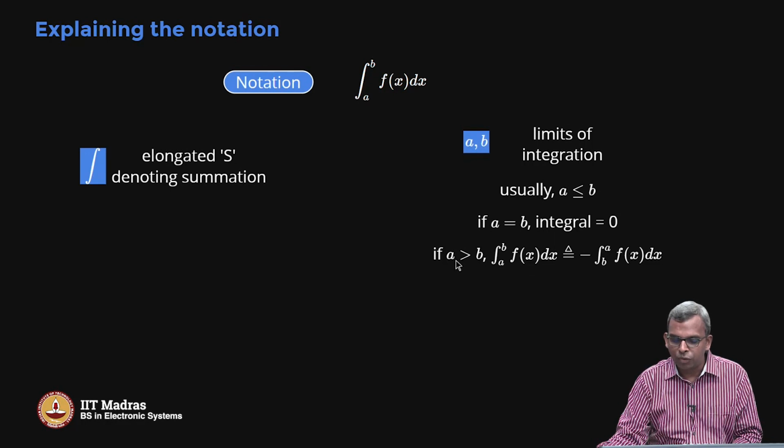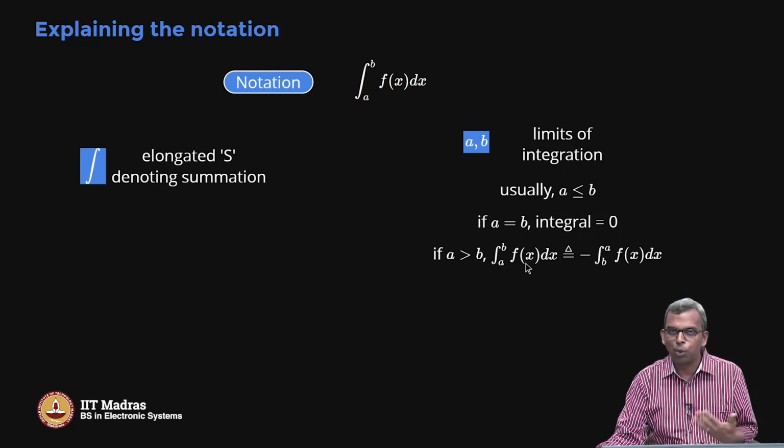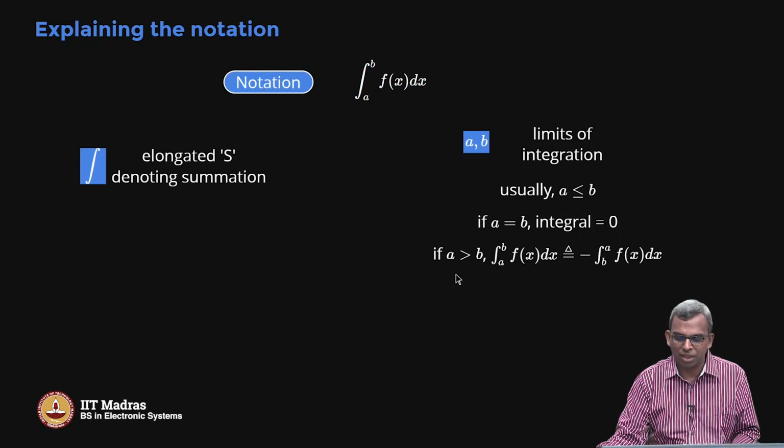It turns out if a is greater than b, we simply define the integral from a to b as minus the integral from b to a of f of x dx. Why we do this will become clear when you see the fundamental theorem of calculus. It is just to make things consistent. There's no major proof or anything for this. This is sort of a definition. If a is greater than b, by convention we make it like this.